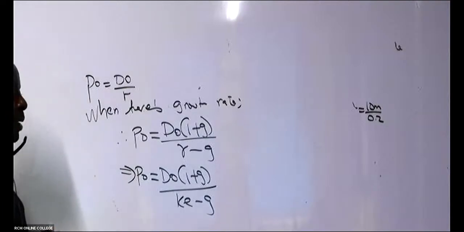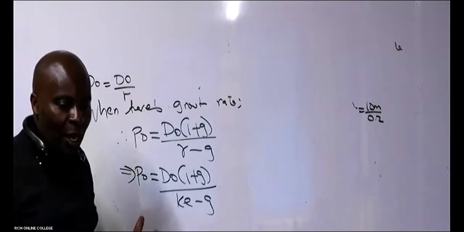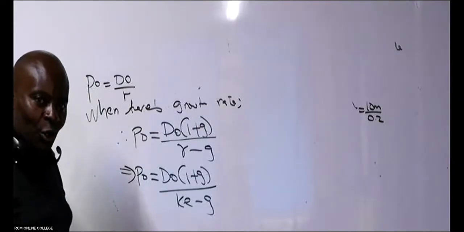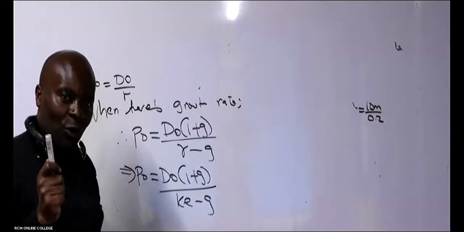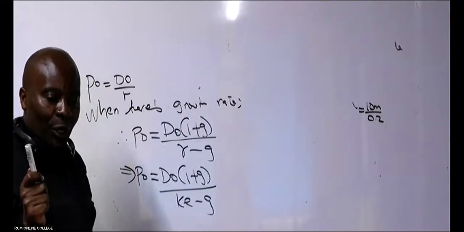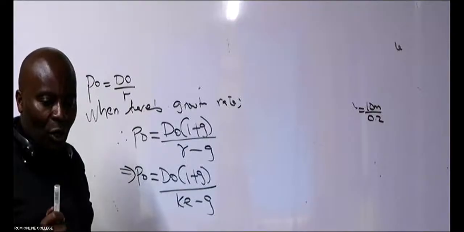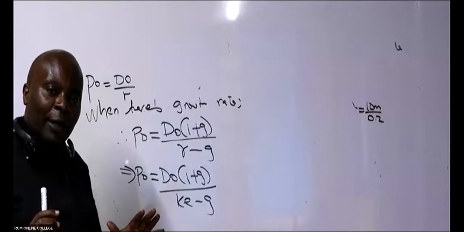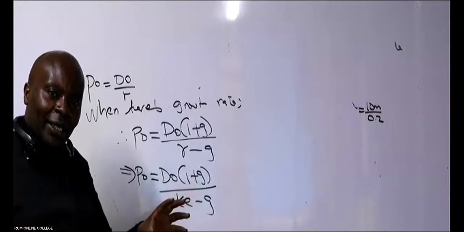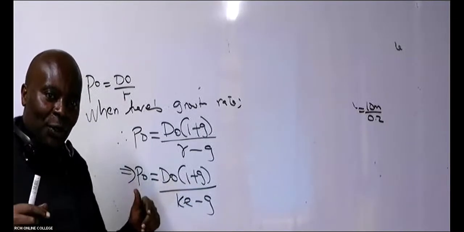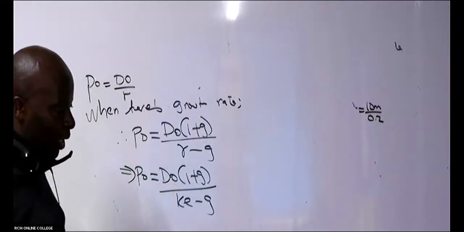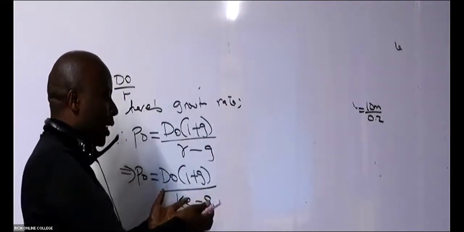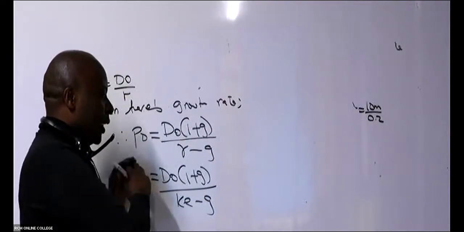Ke minus g. If you remember very well, for the students who are in Kenya here, I believe even guys in Sudan, you must be knowing our former deputy president, Gachagua. We call it Gachagua's model. Remember, Gachagua is the gentleman who was talking about shares, that you will be able to get dividends. And remember, he was a DO, district officer, and he grew in ranks, became a deputy president, and then, of course, he was fired.